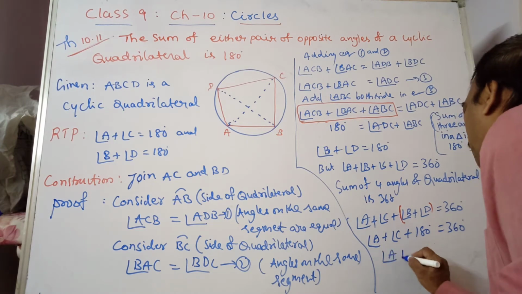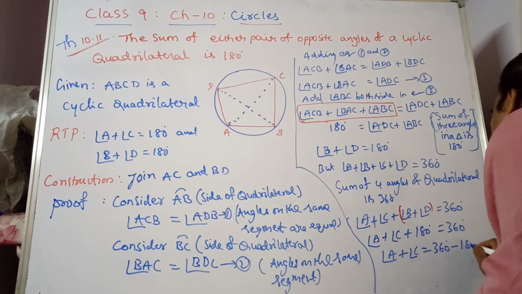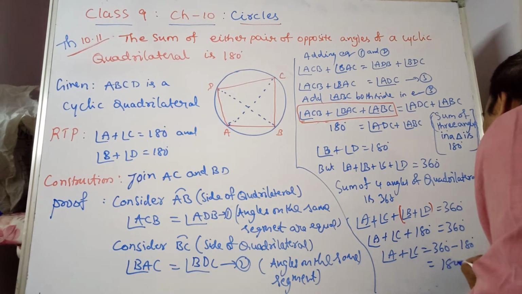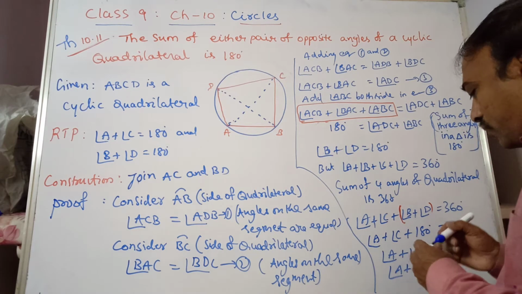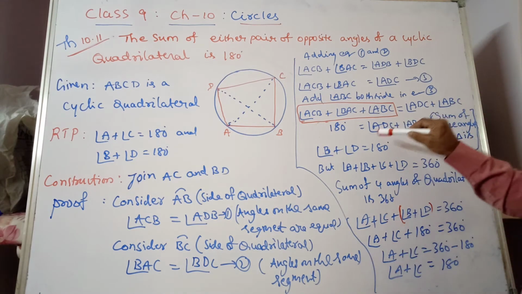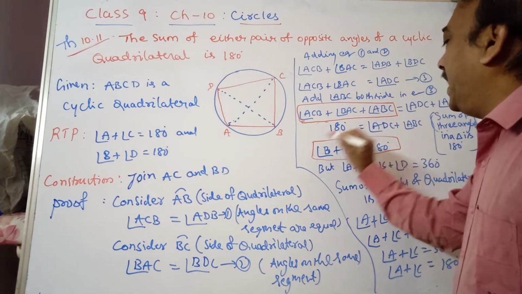Then angle A plus angle C is equal to 360 minus 180 degrees, which will give you 180. So therefore angle A plus angle C is equal to 180, and here already we proved angle B plus angle D is equal to 180 degrees.